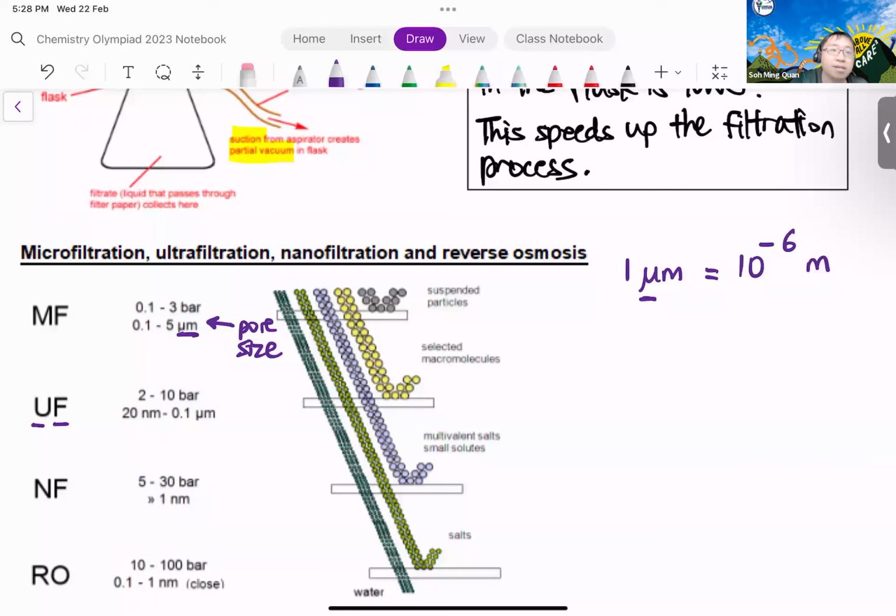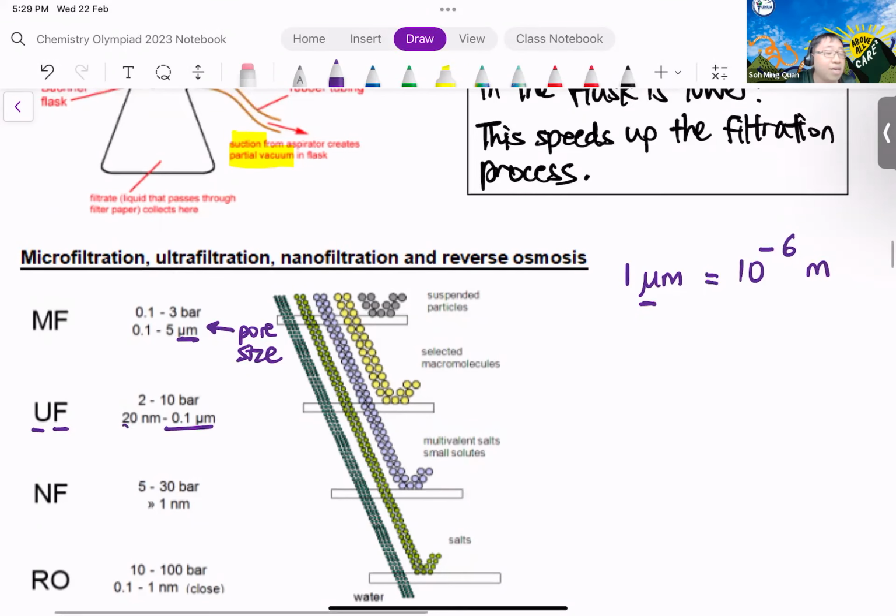So your kidneys actually filter urine, all right? They filter urine such that proteins in your urine don't get excreted from the body. How does your kidney do that? Your kidney does that by having a membrane that is capable of doing ultrafiltration. So the pore size is about 0.1 micrometers, 20 nanometers.